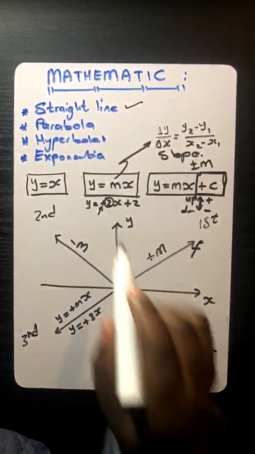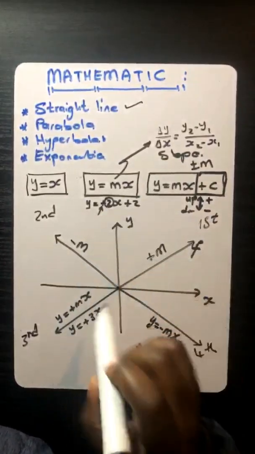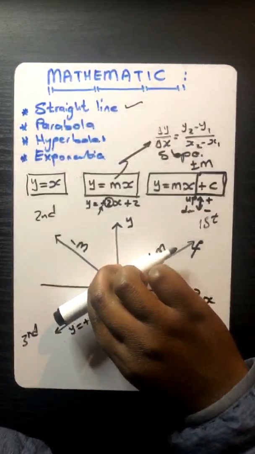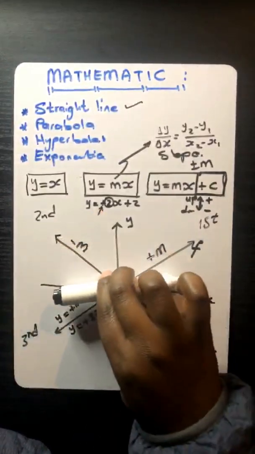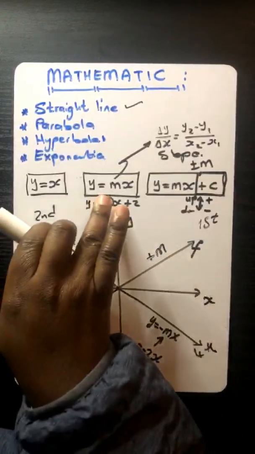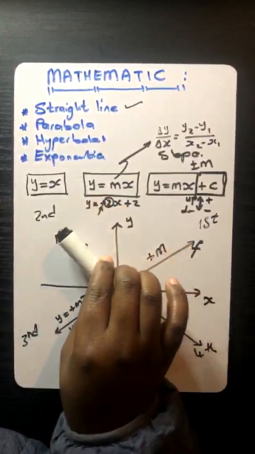But now, if the number gets smaller, then it is no longer in that direction. It's no longer getting steep. It's getting less steep, until, for example, it's 1 there. Then it's at that slope. The moment it is a negative number, you can see it is now in that direction.